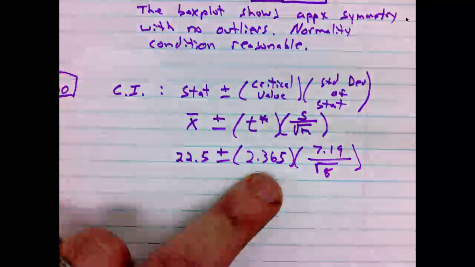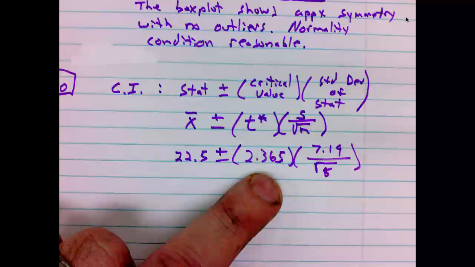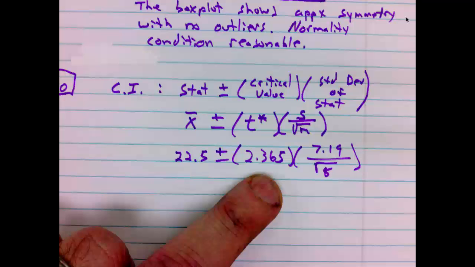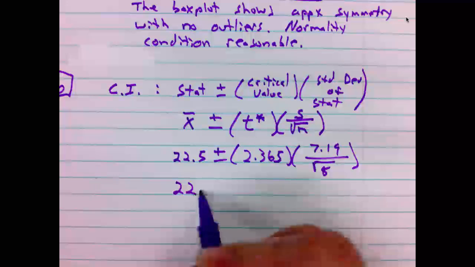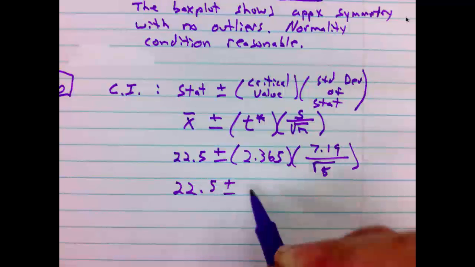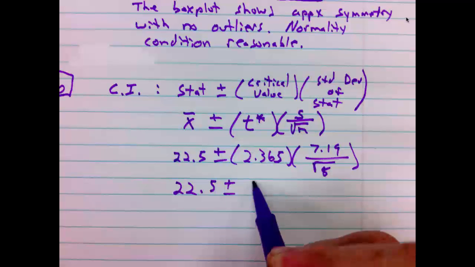All right, so a little calculator work over here. 2.365 times 7.19 divided by the square root of 8 is 6.01. Okay, 22.5 plus or minus 6.